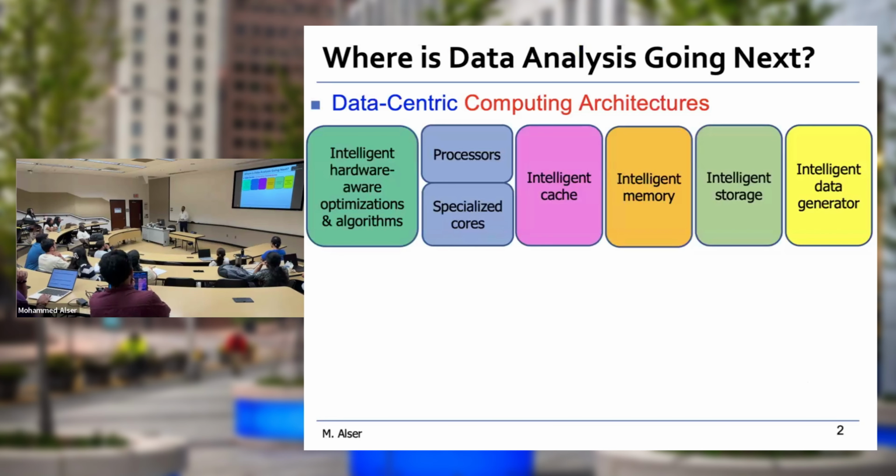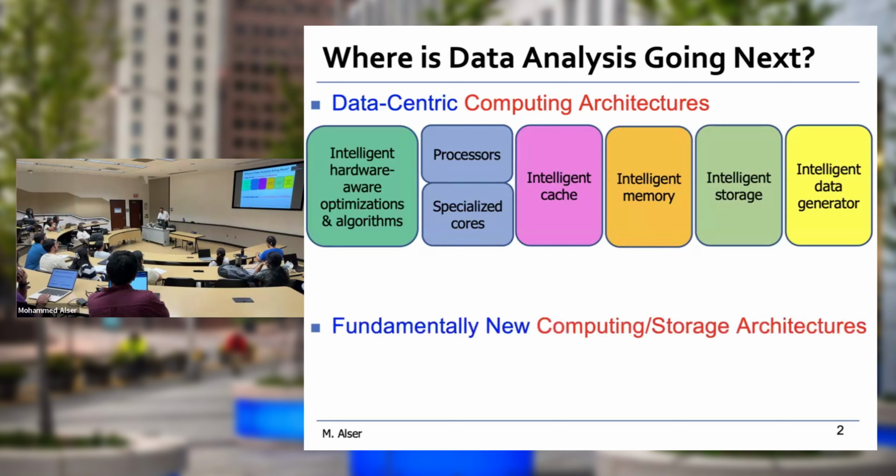So this is just a reminder for all of you of the need to do something really innovative, something different from the things that we've been trying to do for over 80 years with the Von Neumann model, right? So we discussed being intelligent in every aspect: the cache itself, the memory controller, the DRAM device, the storage devices, and so on. And we said it's not only about compute and memory.